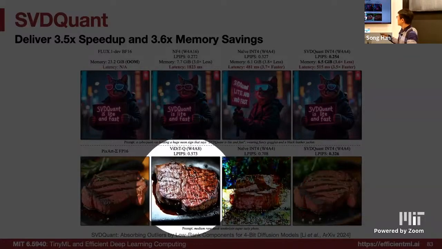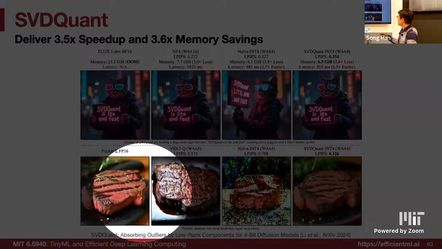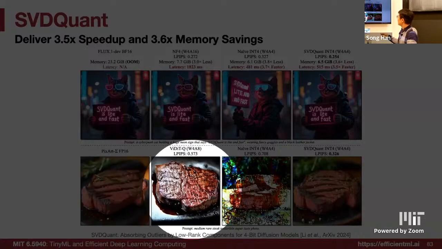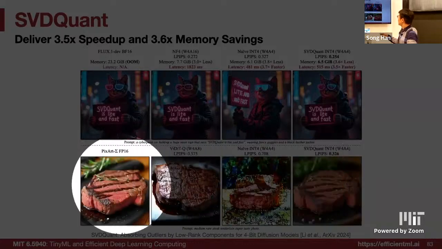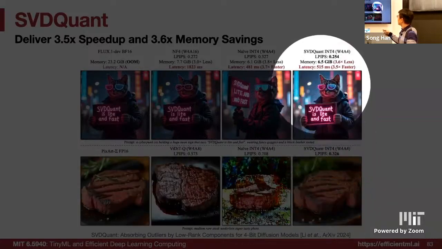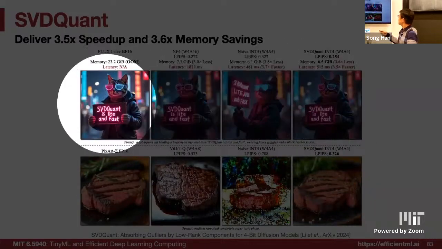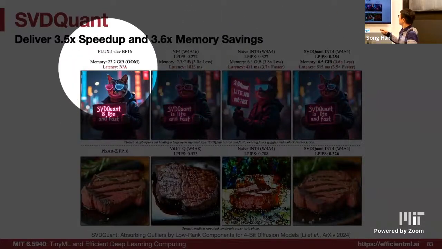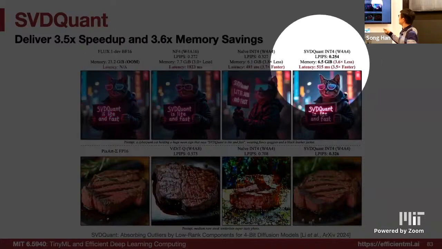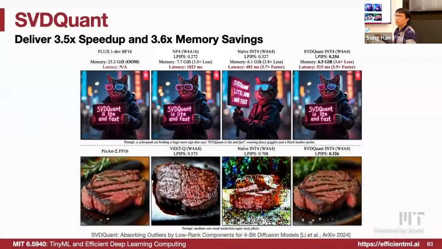Actually, the quality already started to degrade from FP16 to the NF4 approach. But our approach can maintain the output quality pretty much the same as the original. Also the memory is reduced: previously 23 gigabytes, now it's only 5 gigabytes, and half a second compared with 1.8 seconds.